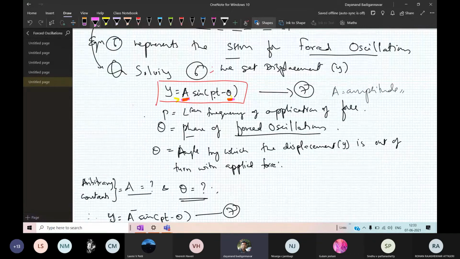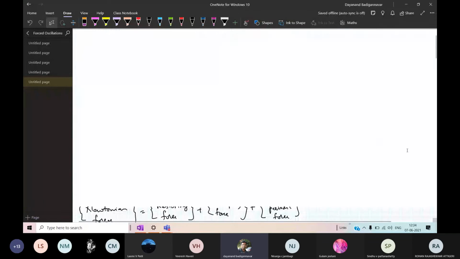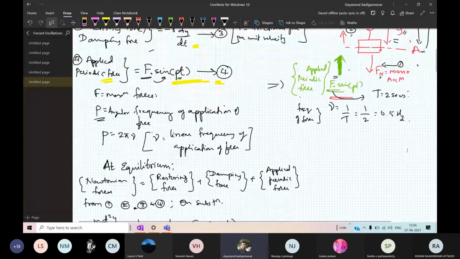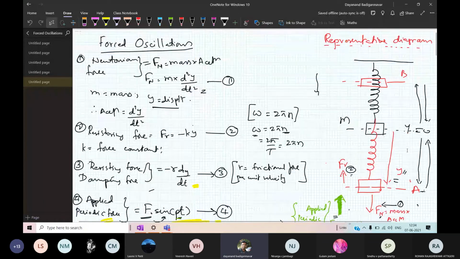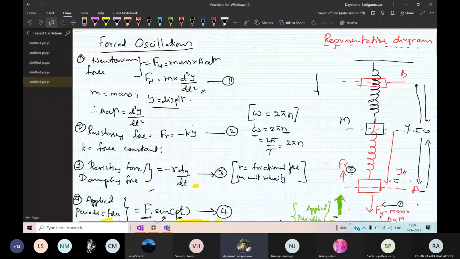Okay, let us go for the theoretical concept, what we have done so far. Let us go for the revision part. Let us go for the forced oscillations.